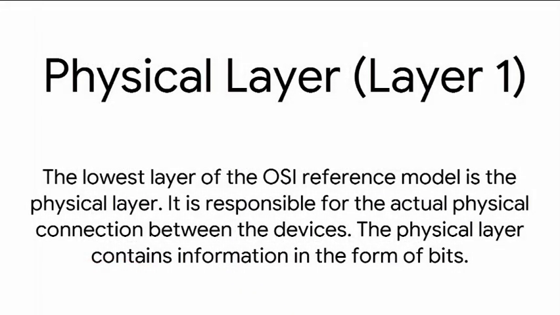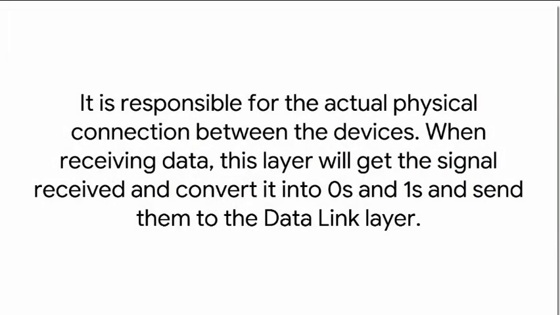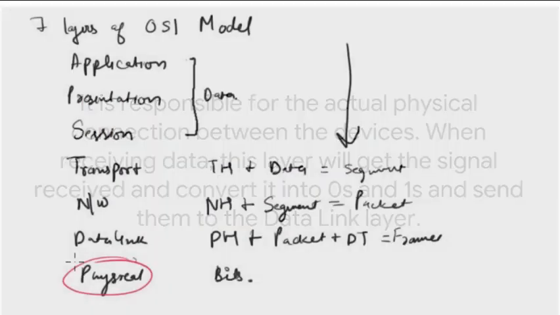Now we first talk about the physical layer. The lowest layer of the OSI reference model is the physical layer. It is responsible for the actual physical connections between the devices. The physical layer contains information in the form of bits, as we have discussed. When receiving data, this layer gets the signals received, converts them into zeros and ones and sends them to the data link layer.